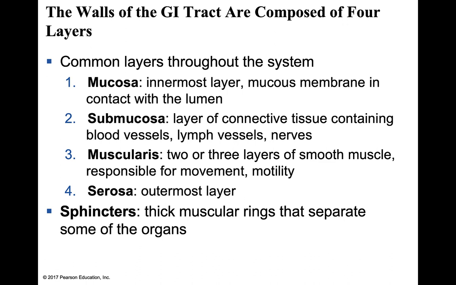So motility is another term that you'll hear. The outermost layer is the serosa. So you should be able to list from innermost to outermost the 4 layers: mucosa, submucosa, muscularis, and serosa. Now, along the way, we're going to see sphincters. And what sphincters are, these thick muscular rings, and they're separating some of the organs from each other.